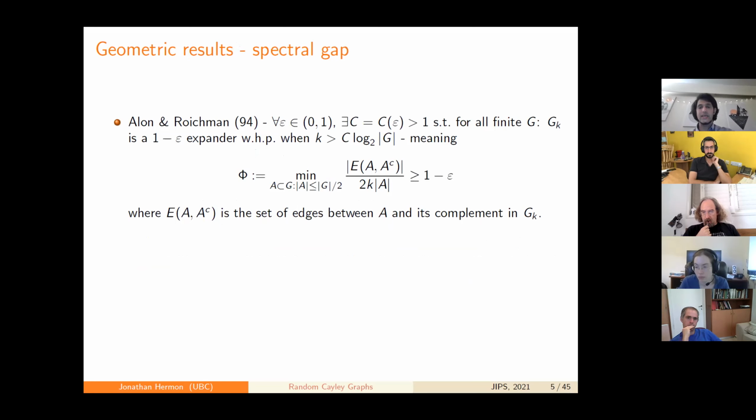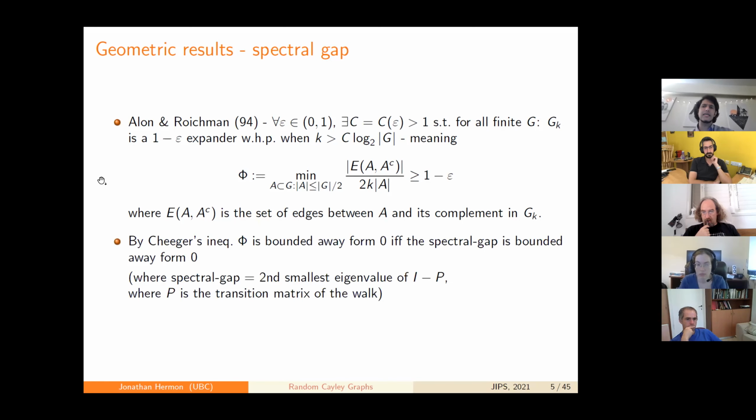So we can make the Cheeger constant arbitrarily close to 1 by picking this constant to be large enough in terms of epsilon. Equivalently, by Cheeger's inequality, the spectral gap is bounded away from 0 and can be made arbitrarily close to 1 as well by taking C large.